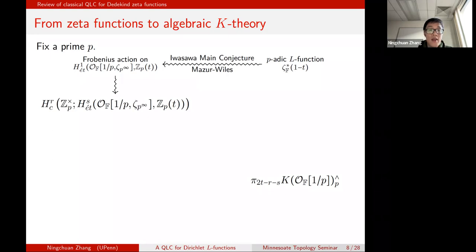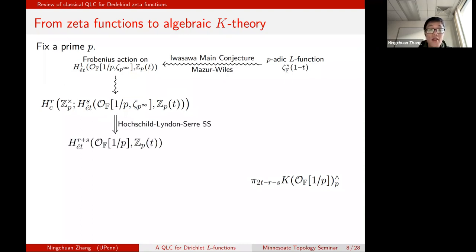And then from here, once we know the Frobenius action, we will be able to compute the continuous group cohomology of the étale cohomology group of O_F, where this Z_p cross should be thought of as a Galois group, because after all, the Galois group for adding all p-power roots of unity is precisely Z_p cross.